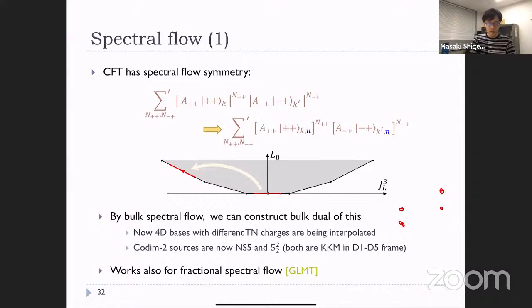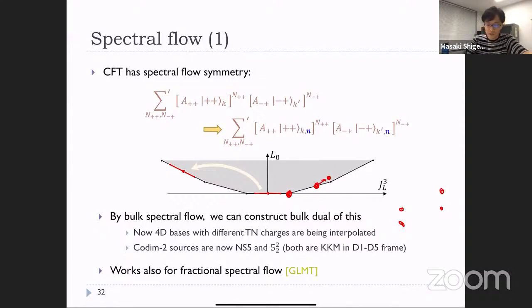And what's interesting is that this also works for the fractional spectral flow of GLMT. GLMT, or you guys, some of the people in the audience, thought about flowing some point here, well, not exactly here, maybe some other point here, into some point in the bulk here by some fractional spectral flow when some quantization condition is met.